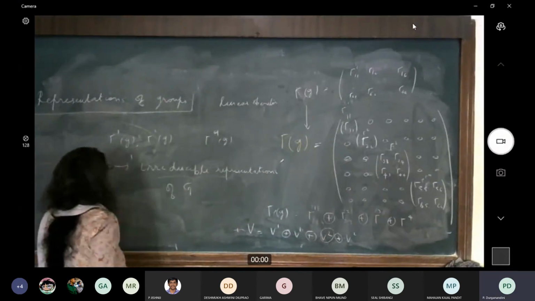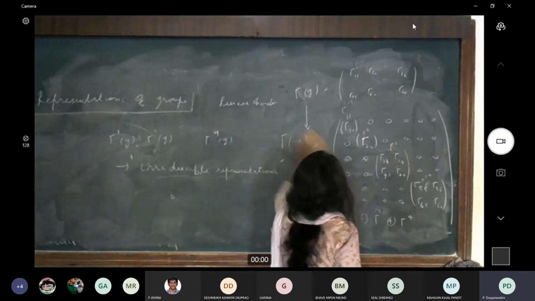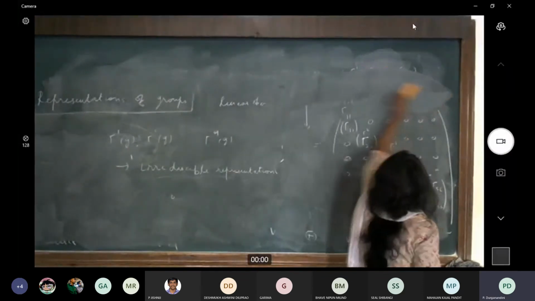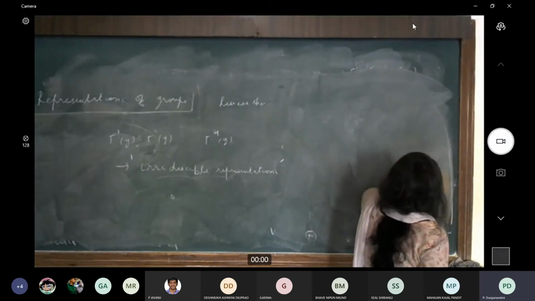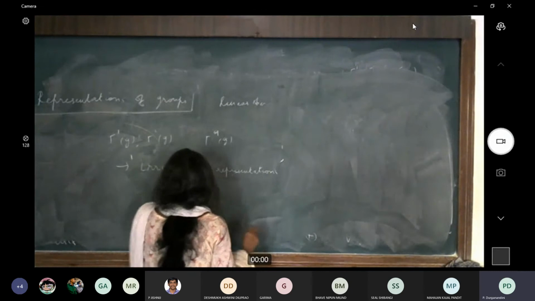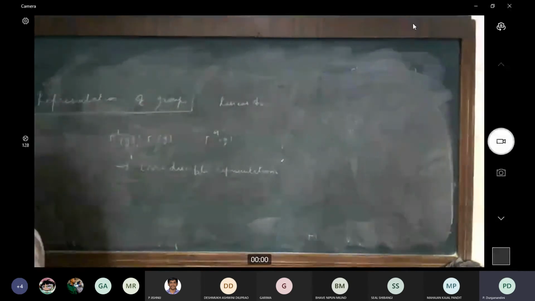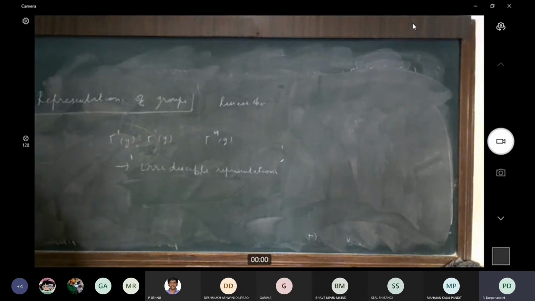And we have already seen that for any representation, I can use a character to distinguish it, a characteristic trait of a particular representation. So try to find all the possible irreducible representations and the corresponding characters for each representation.